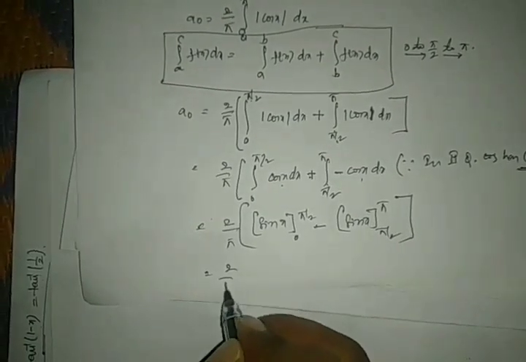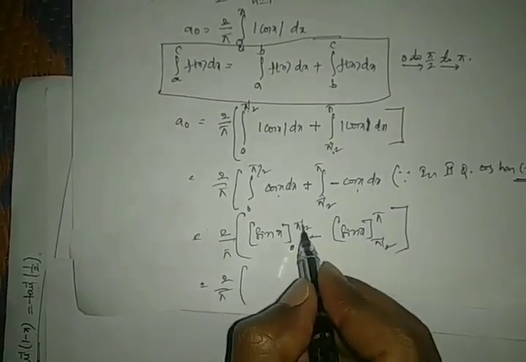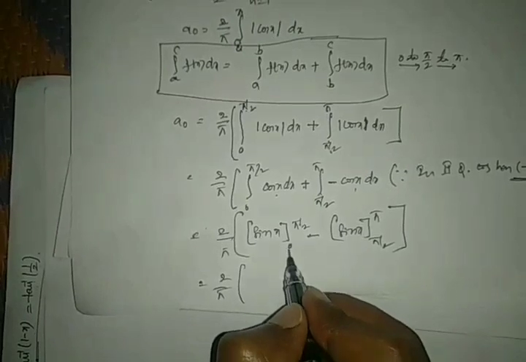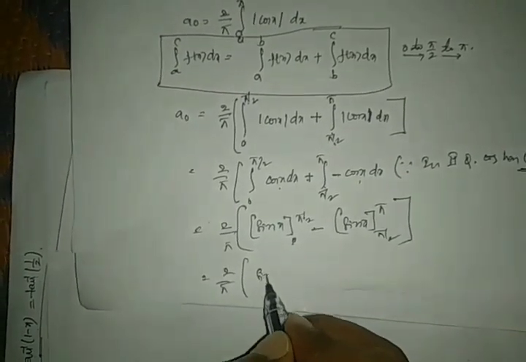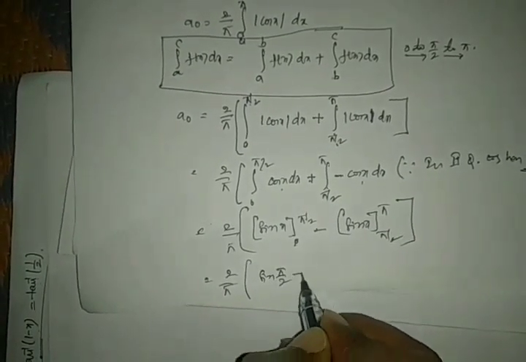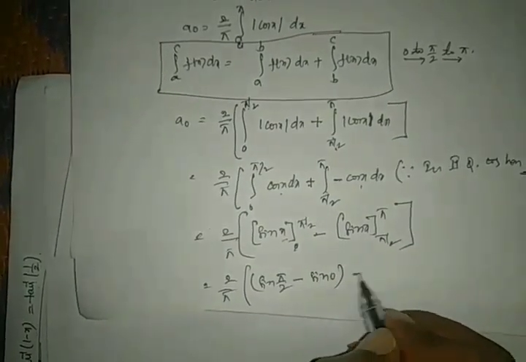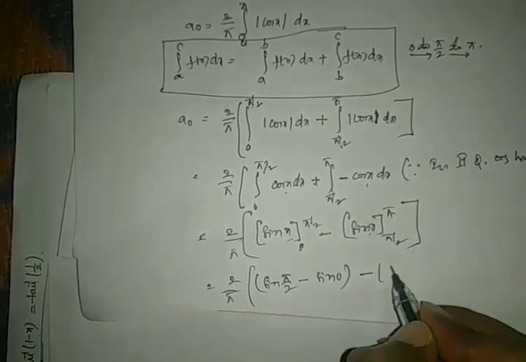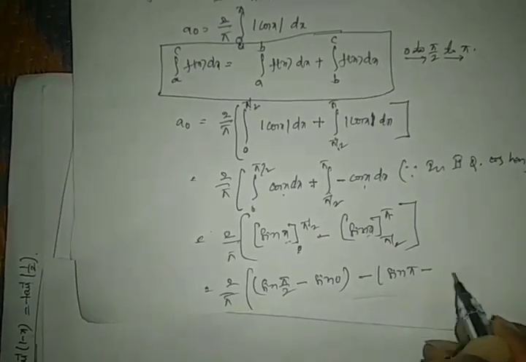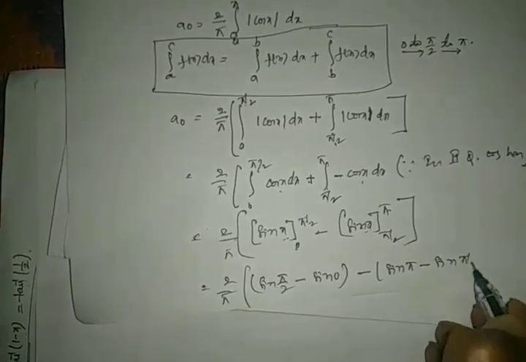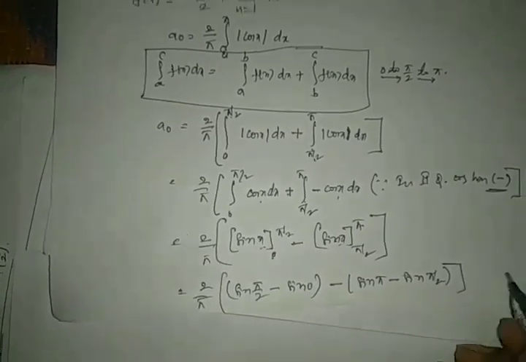Substitute the upper limit in x's place minus the lower limit: sin pi by 2 minus sin 0 for the first one, negative of sin pi minus sin pi by 2 for the second.